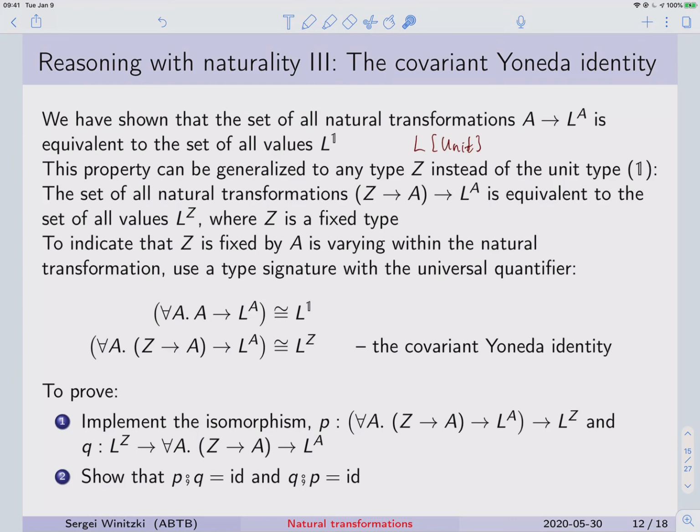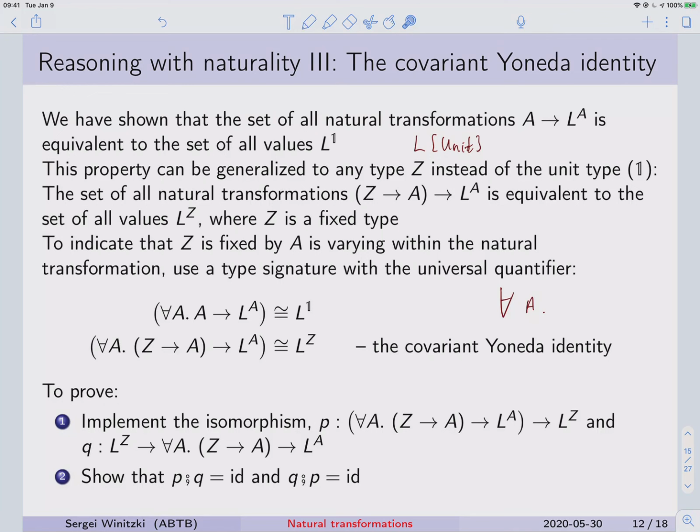Now, for notation, it is useful to indicate that A is a free type parameter of the natural transformation, but Z is not. So Z is a fixed type. To indicate this, we write the explicit type quantifier for all A.